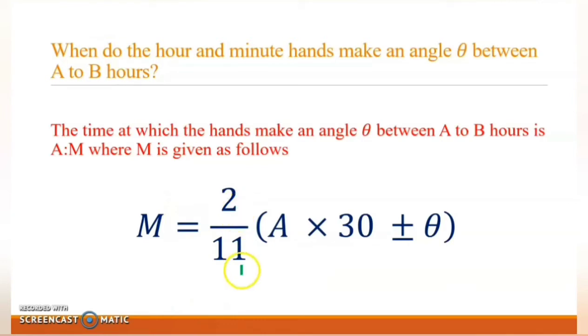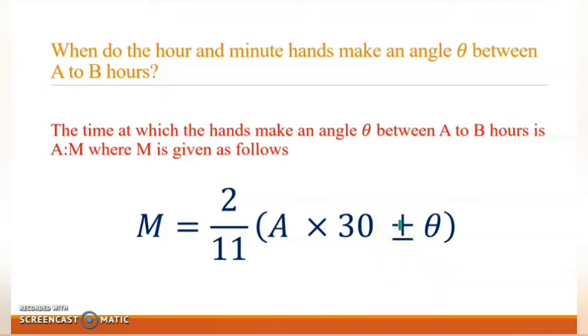M is equal to 2 by 11 A into 30 plus or minus theta. Now this is exactly the same formula that we have used in the previous two problems, just a simple modification. This plus and minus sign appears because we had that modulus sign in the previous formula.